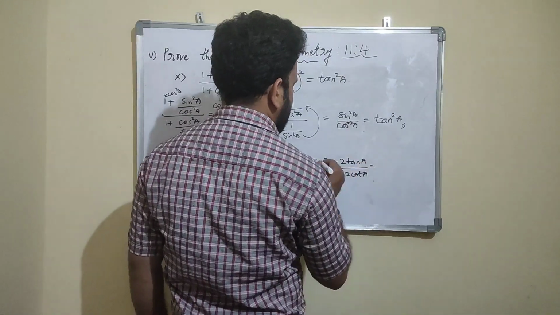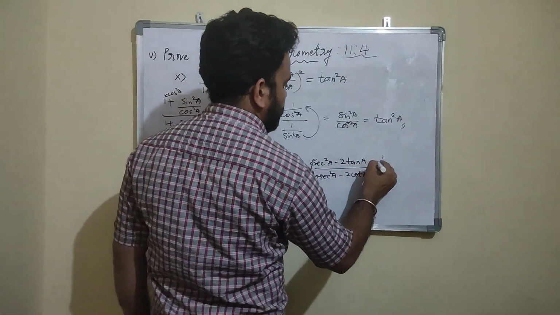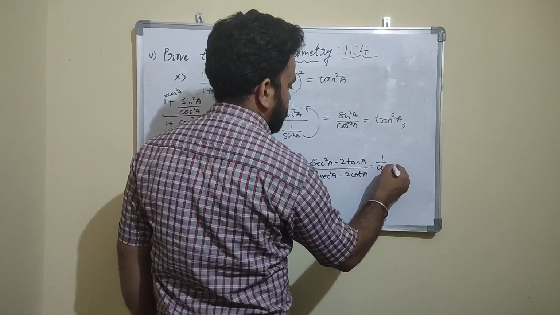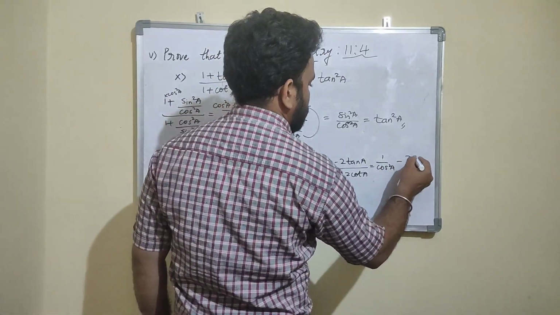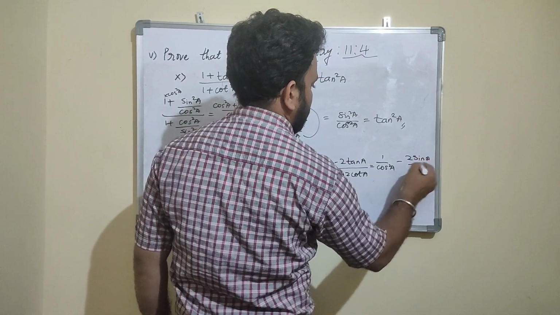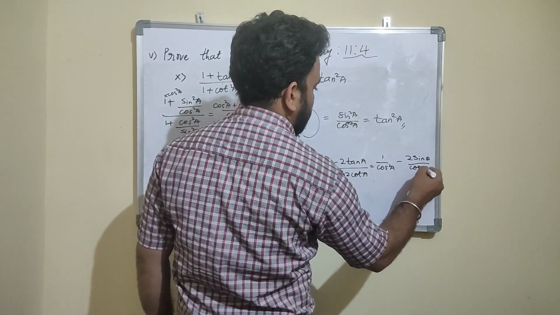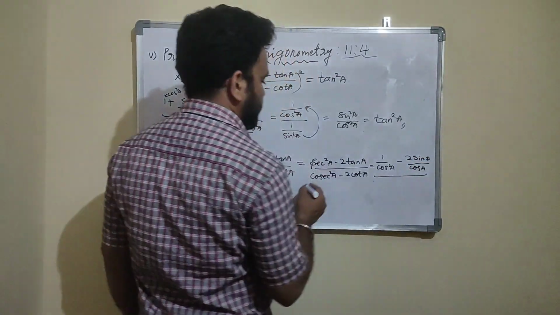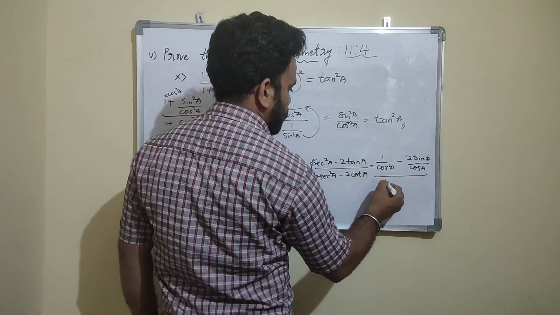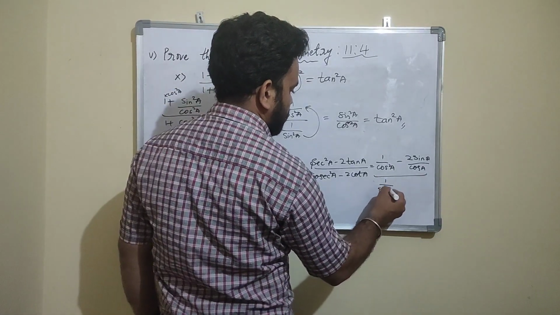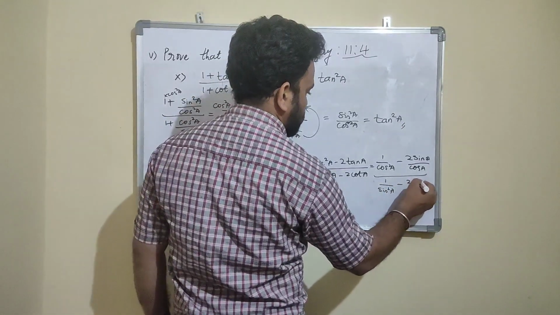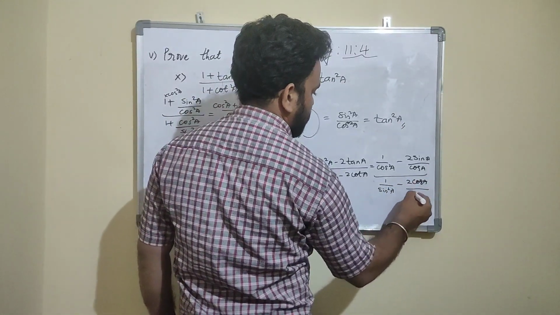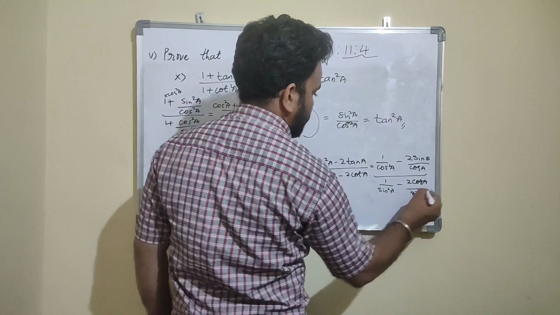I can write secant square a as 1 divided by cos square a, minus 2 sin a by cos a, divided by, here also the same, 1 divided by sin square a minus 2 cos a by sin a. Right?